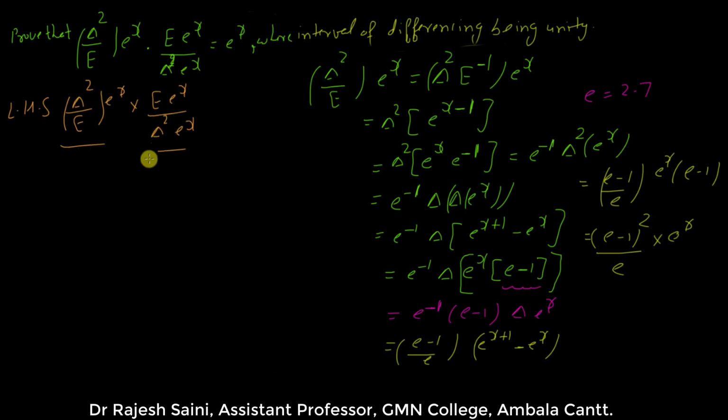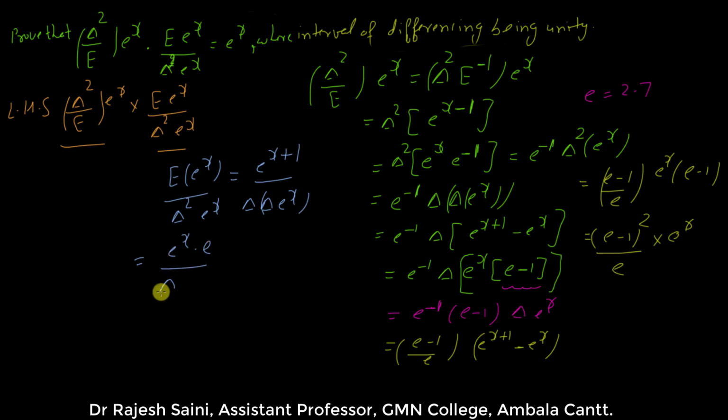Now let me calculate this one also. This is e raised to the power x divided by delta square e raised to the power x. Now the shift is e^(x+1), and delta can be written as delta e raised to the power x. You know delta e raised to the power x is nothing but e raised to the power x into (e minus 1).